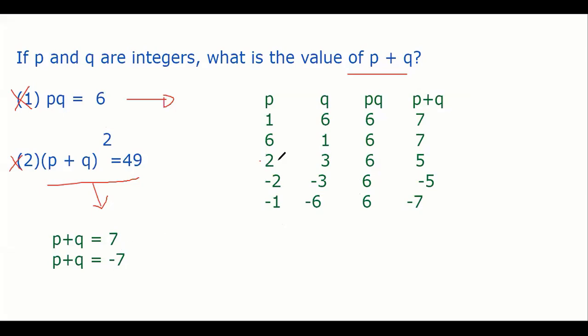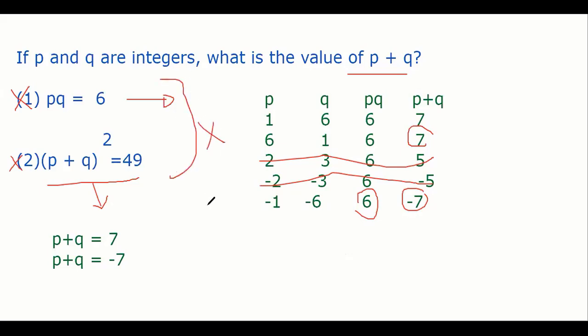So these options are gone now. When we combine both together, these are gone, right, Skan? But still we don't know whether P plus Q is minus 7 or P plus Q is plus 7. We don't know, because we can get 6 as minus 1 into minus 6 also, right? So when we combine both together, we cannot find a unique value of P plus Q. So the answer is neither.